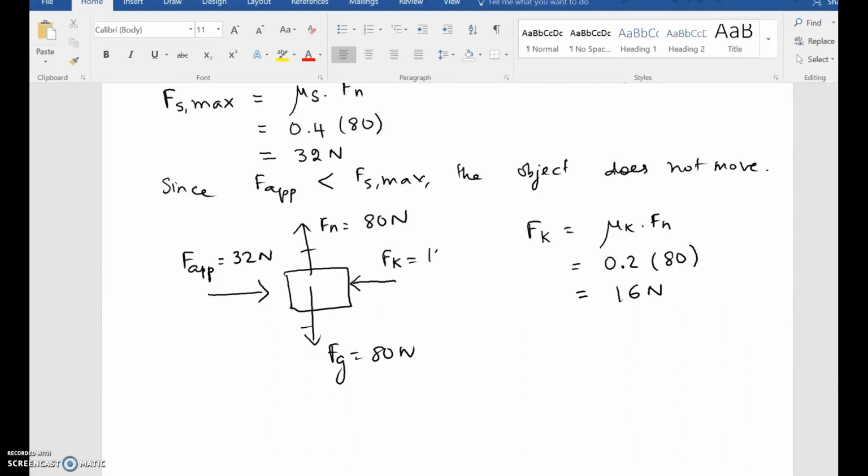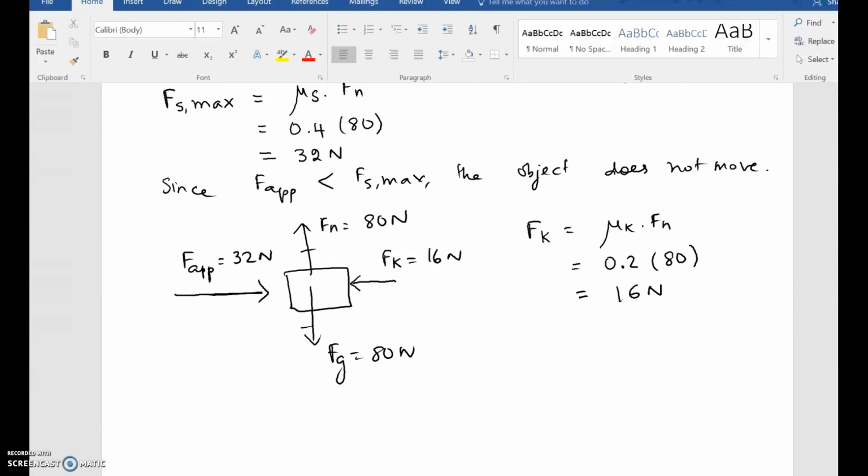That means you are applying a force of 32 while the friction is only 16. Let's make our free body diagram reflect that by drawing an arrow that's twice as long as this one to indicate that this is 32 newtons and this is 16 newtons.